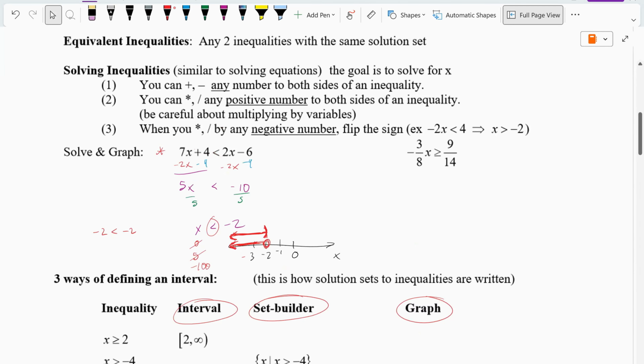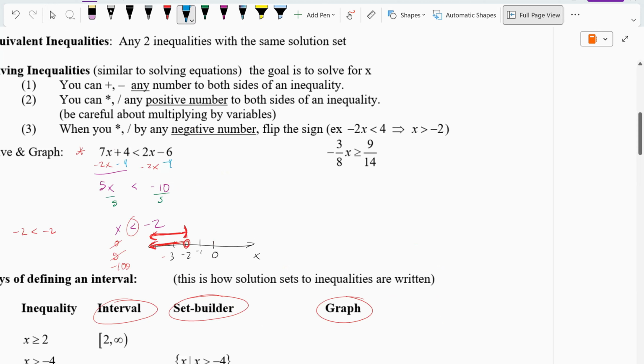How does this differ from solving an equation? It's not equal, but in terms of solving it, there's one thing we need to take special care of. Let's look at a number. For instance, negative 2 is less than 6. Do we agree? In an equation, I could just divide both sides by the same number. What if I divide both sides by negative 2?